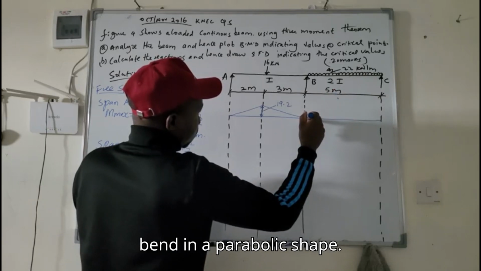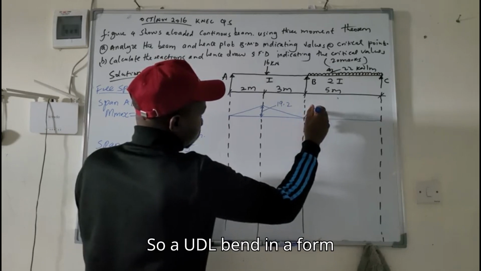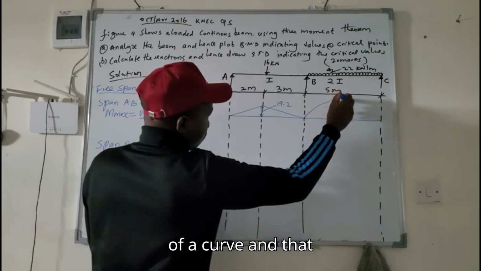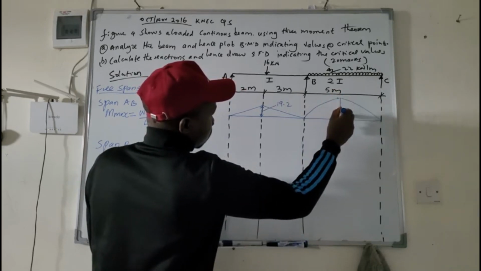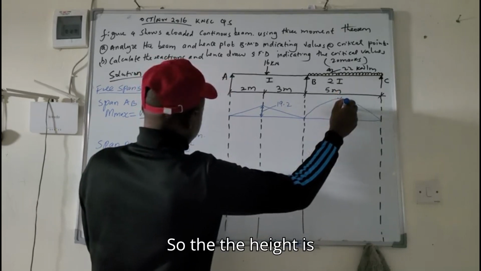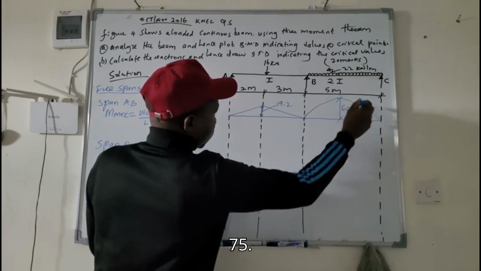The UDL will bend in a parabolic shape. A UDL bends in the form of a curve, and that shape is a parabola. So the height is 68.75.